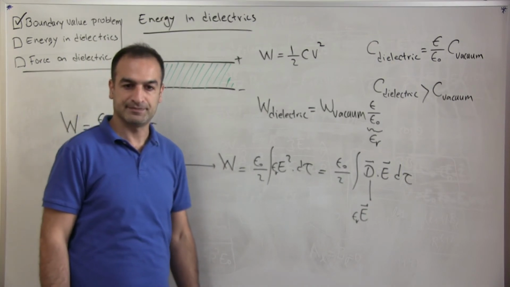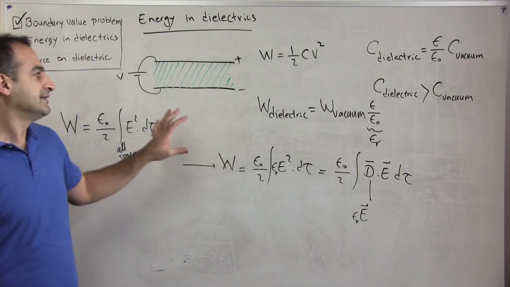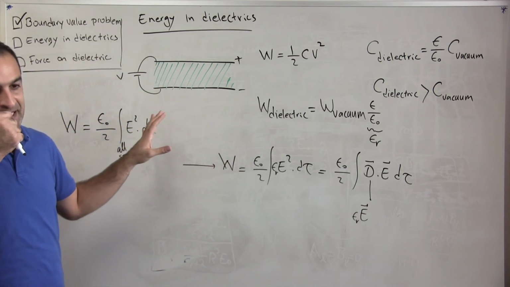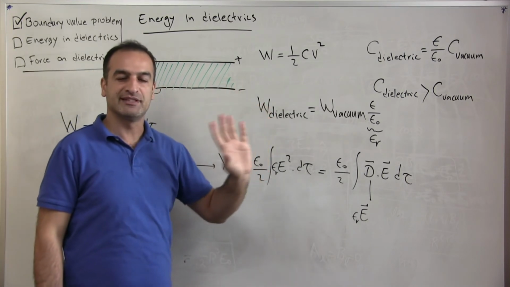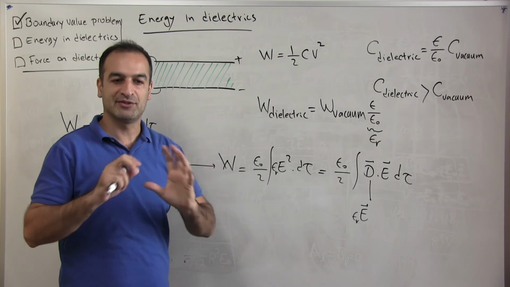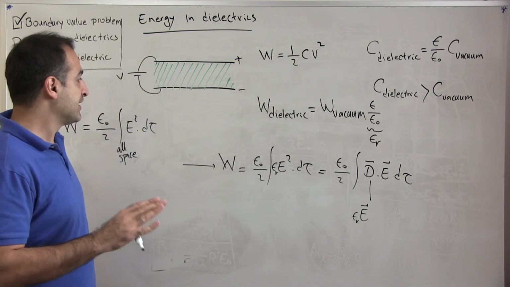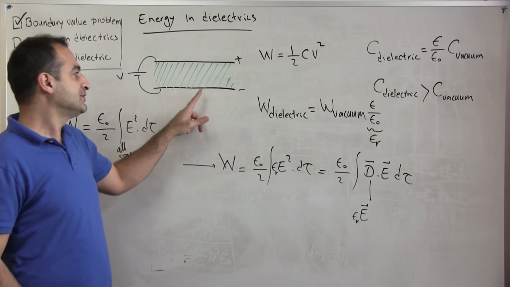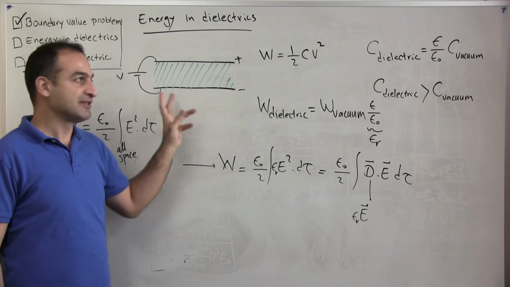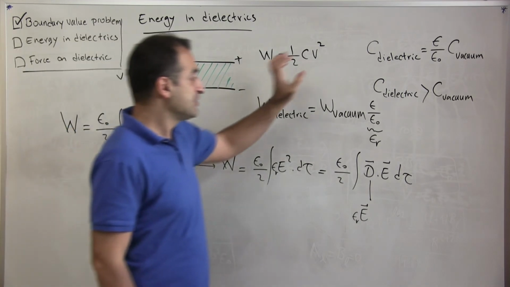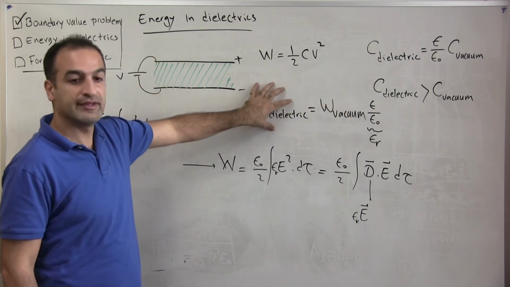Sounds good? There is one example in the book. I'm going to skip that example because that goes into details of how things get polarized and stretching molecules and so on. Okay, I don't want to make you too confused by all details, but I want you to really understand the example of a capacitor well, and you understand what kind of energy you can calculate without dielectric and what energy you can calculate with dielectric.